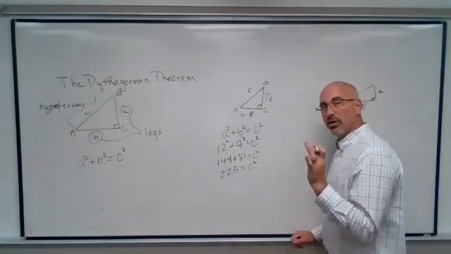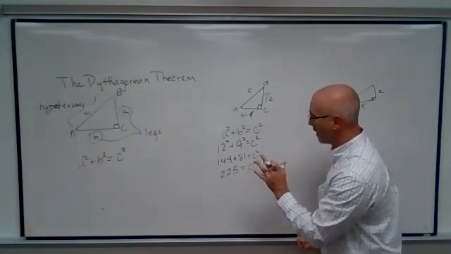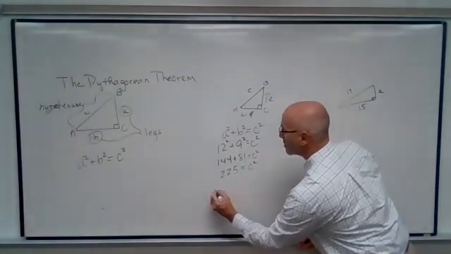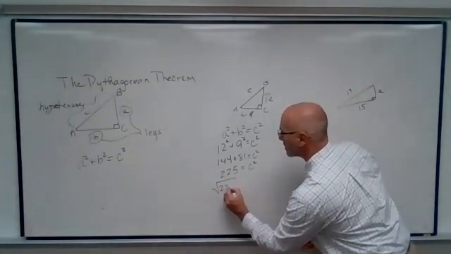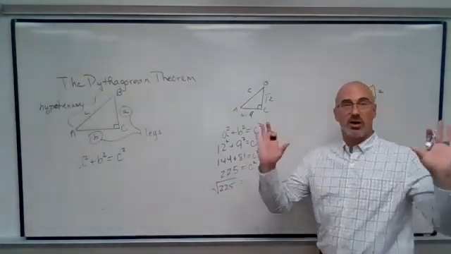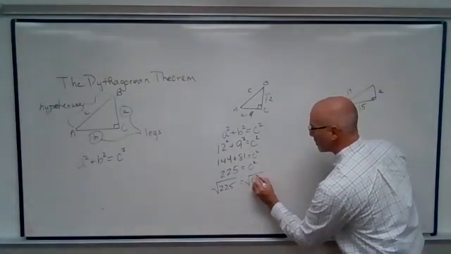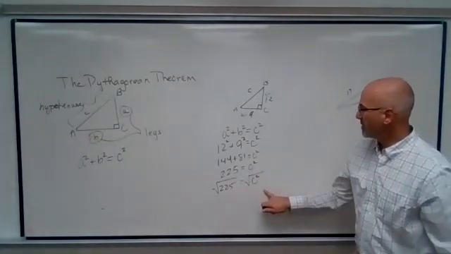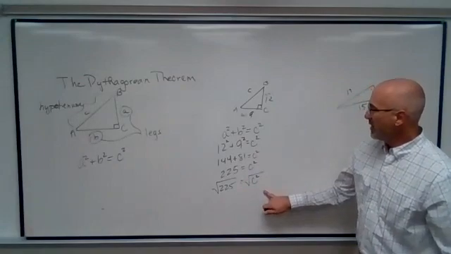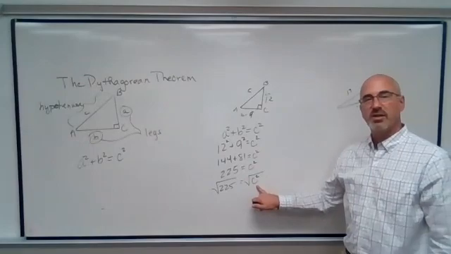What we can do, we learned this a few lessons ago, is we can take the square root of these values. So we can take the square root of both sides. We can do the same thing to these equations as long as we do the same thing to both sides. Now let's look at the right side first, the square root of C squared.